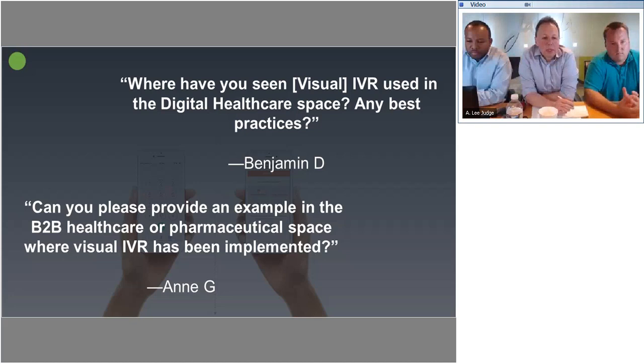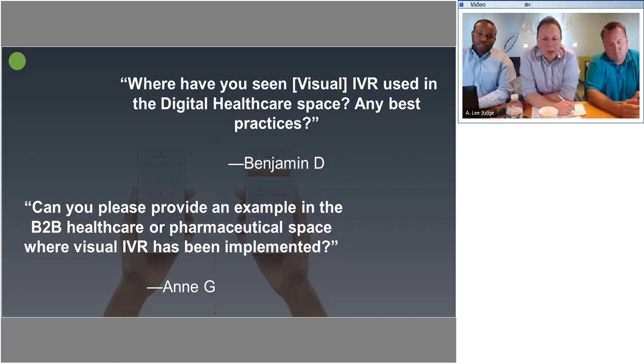Ann's question on the B2B healthcare space does get a little trickier just because in a lot of B2B scenarios, you have people phoning in from landlines because they're sitting at their desk in the office phoning in from a desk phone, in which case Visual IVR isn't relevant to that percentage of callers. But certainly where you've got a complex domain, one we do have is for a large software company.